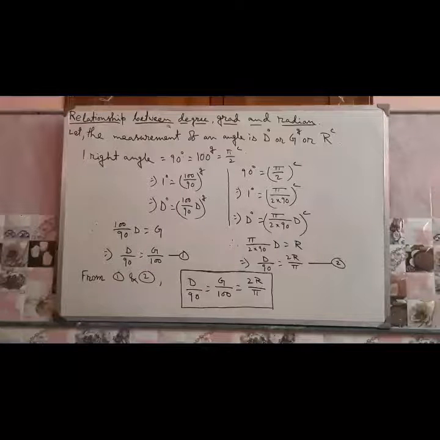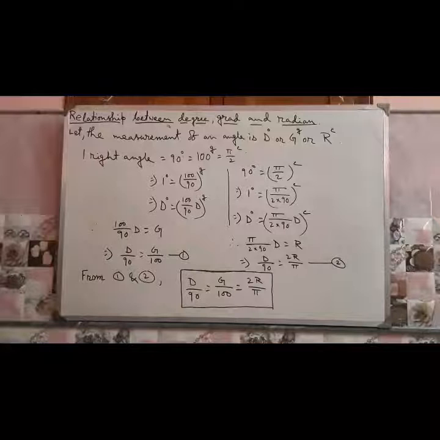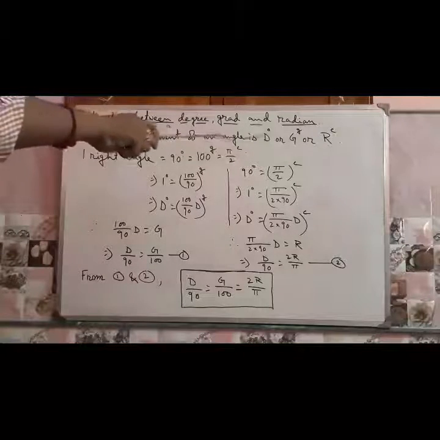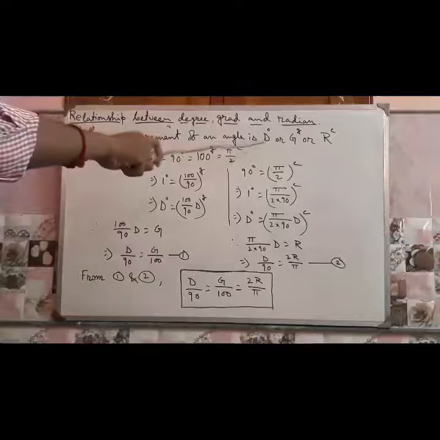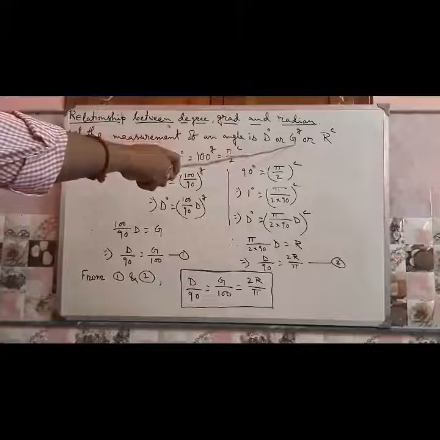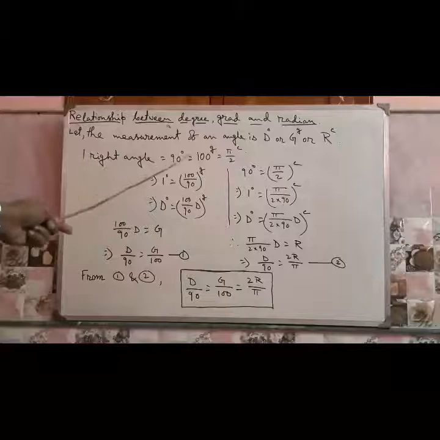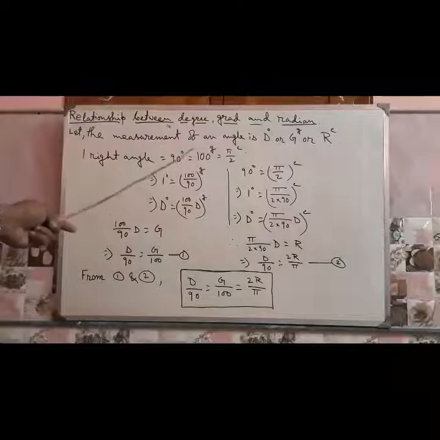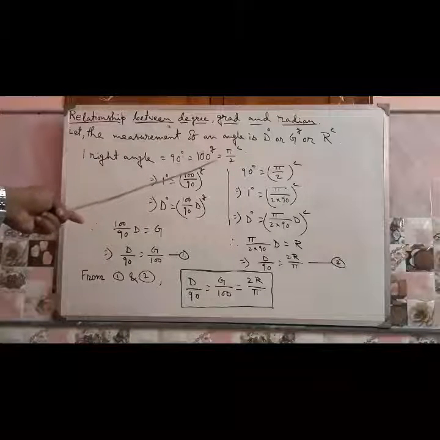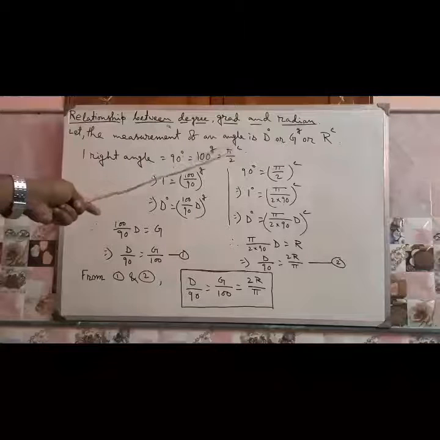Now the relationship between degree, grade and radian. Let an angle's measurement in degree be d degree, in grade it is g grade, and in radian it is r radian. What do we know? One right angle, that is 90 degree, is also known as 100 grade, and it is pi by 2 radian. Okay.